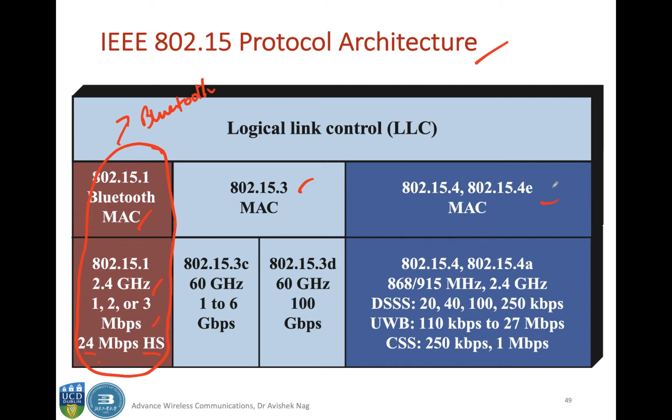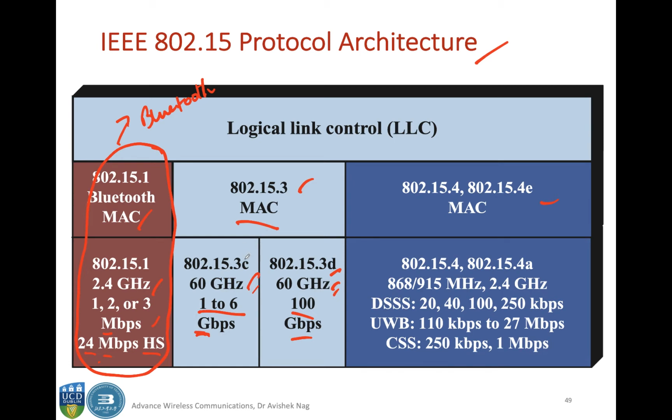And then these are the two other parts of the 802.15 standard. So this is the high data rate version 802.15.3. So we have 1 to 6 gigabits per second. So notice the difference, megabits versus gigabits. And for this you have 100 gigabits, so as high as 100. And also notice that they operate in a different spectrum band, the 60 gigahertz band.